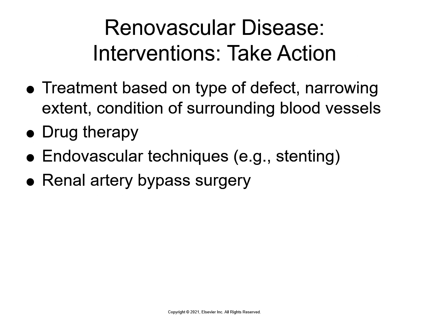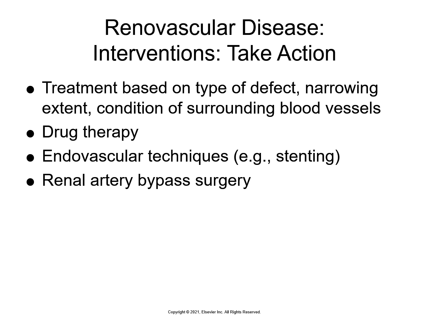Treatment would depend on what caused it, what the extent of narrowing is, and the condition of the blood vessels that surround the kidney and the kidney area. Sometimes they can give drug therapy, of course, for blood pressure. You want to make sure their blood pressure is maintained, but in a safe, normal range.